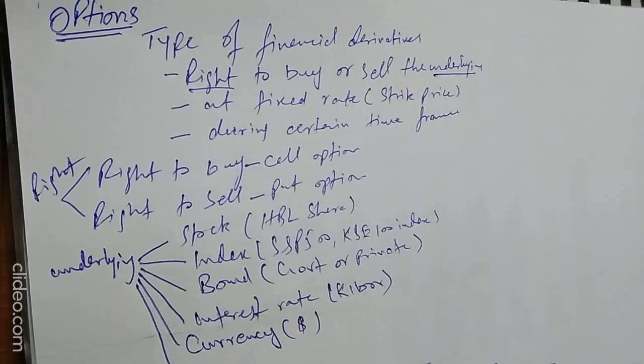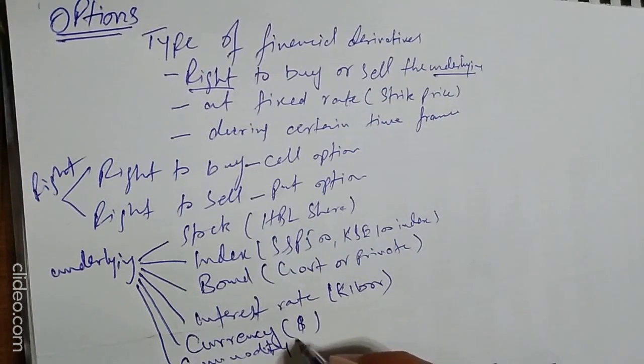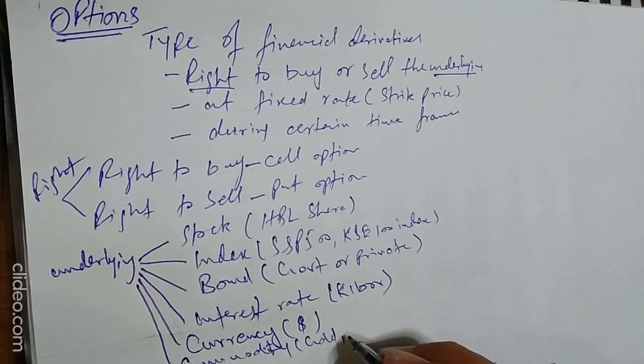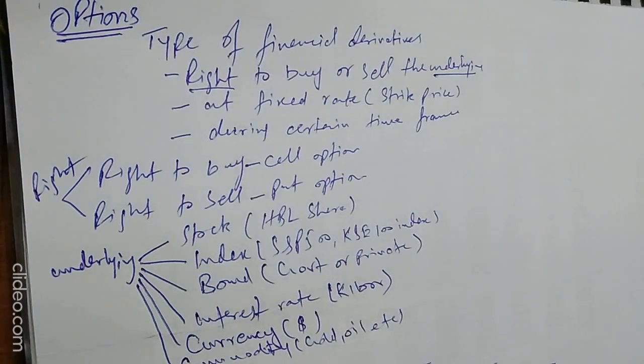And the last type is commodity. Commodities can be gold, oil, silver, metals, etc. There are many commodities which can be underlying.